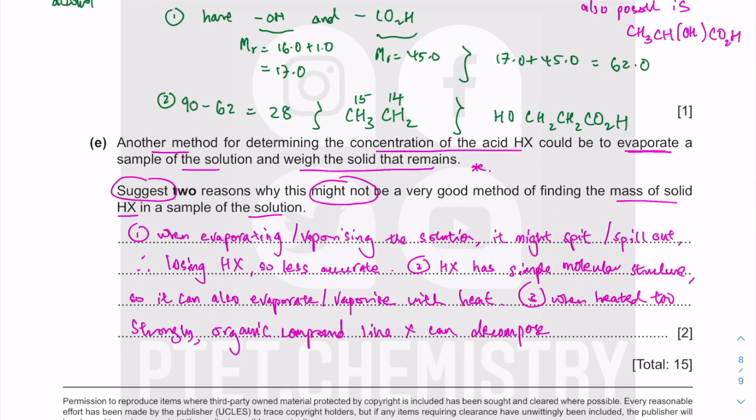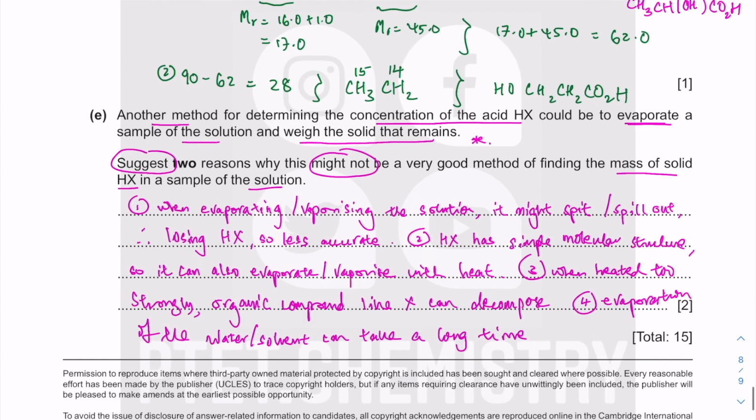All right, of course the other thing is that evaporation takes a long time. So evaporation of the water or the solvent can take a long time. So this might not be a very good method, not because the mass is lost, but because it takes too long.